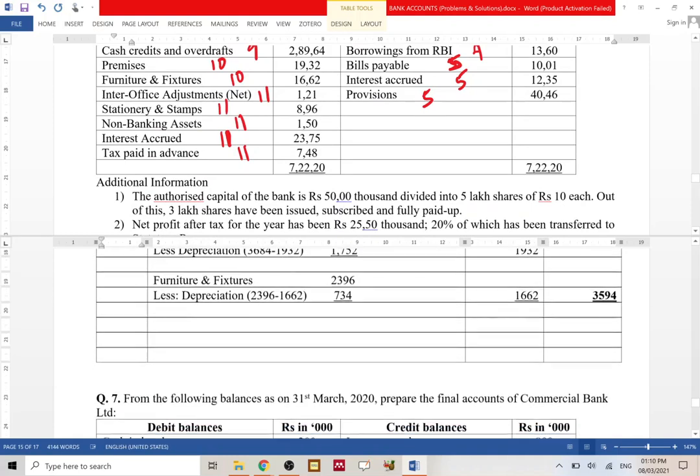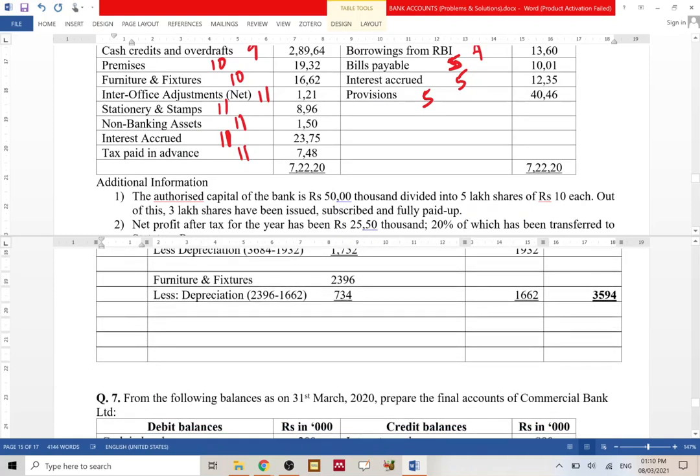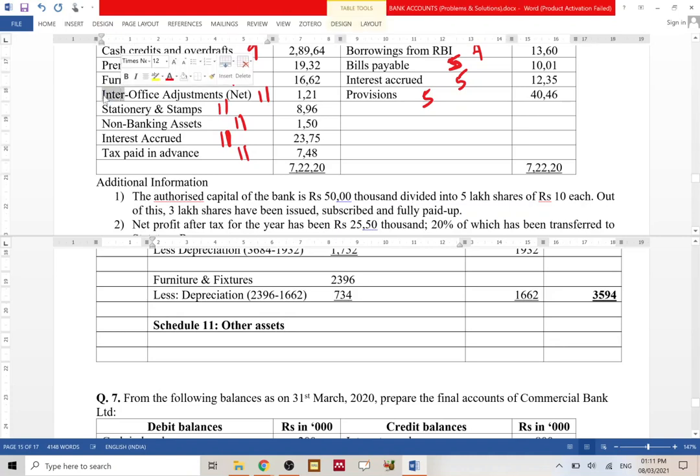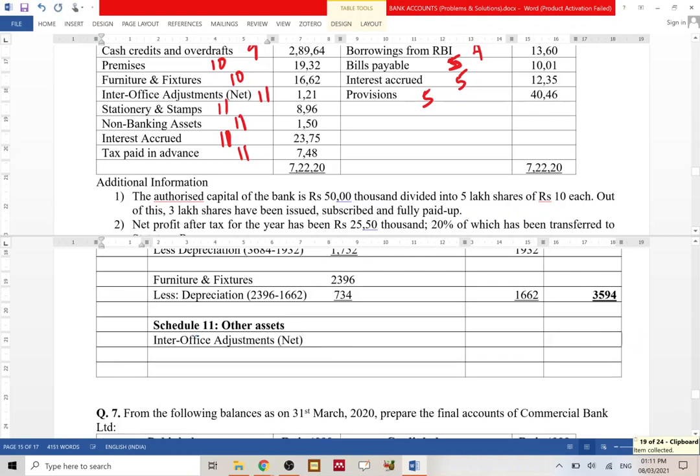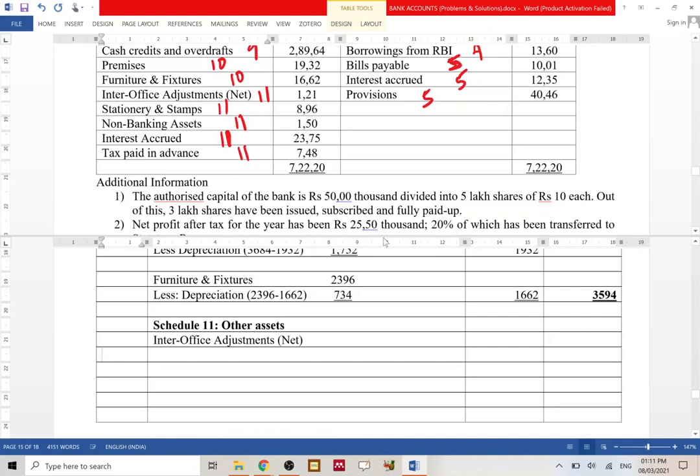Then the next is Schedule 11, other assets. Once again, we transfer all of these other assets, inter-office adjustments, stationery and stamps. I'll take these amounts as well, 1 to 1. Then stationery and stamps.